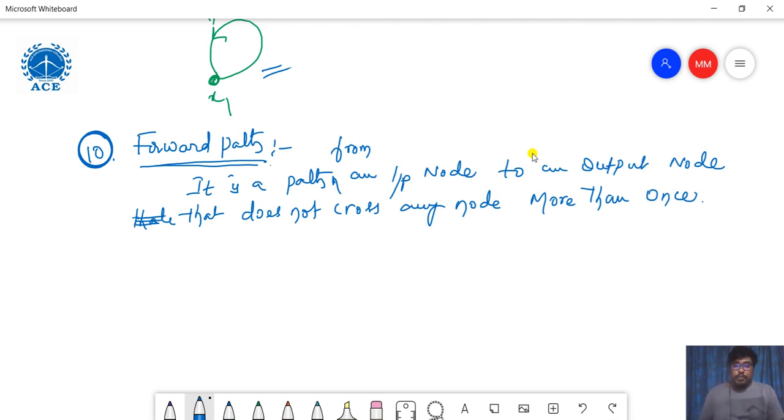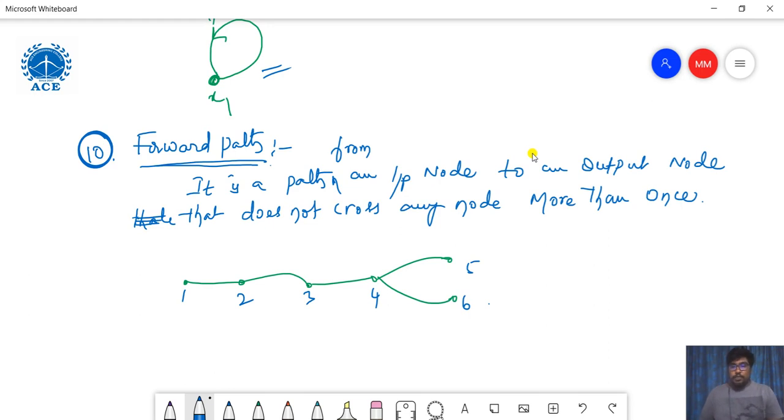Okay, so for example, I can take any one example. Suppose this is say node 1, 2, 3, 4, 5, 6.